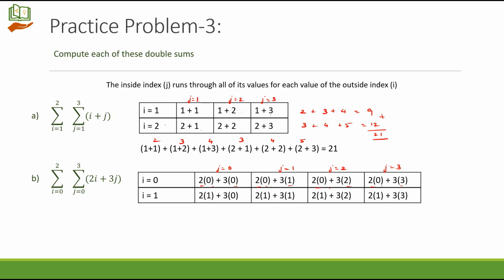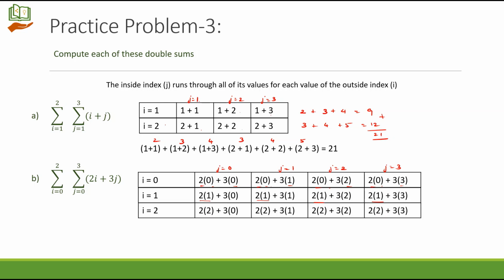Similarly, when i is equal to 1, 2 into 1 will stay as it is and the 3 will be running from 0 to 3. Similarly, when i is equal to 2, 2 into 2 will stay as it is, 3 will be running from 0 to 3. In all these cases, understand one thing, j is running from 0 to 3 and i is running from 0 to 2. Now just find the sum.